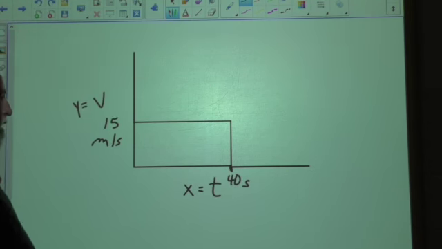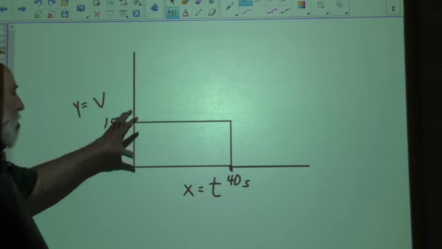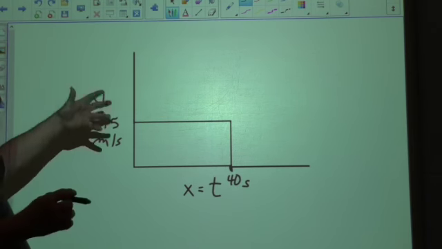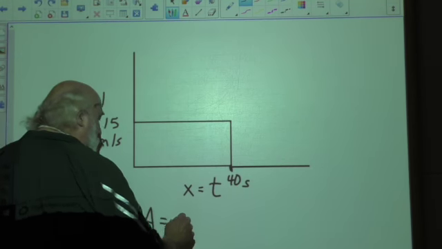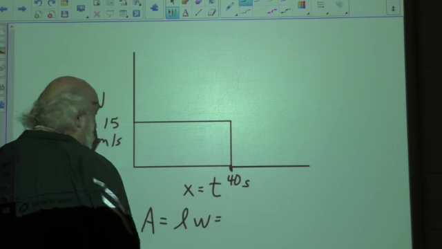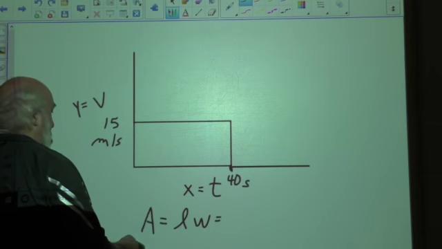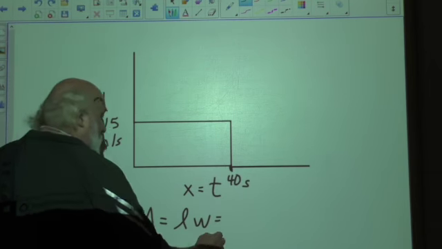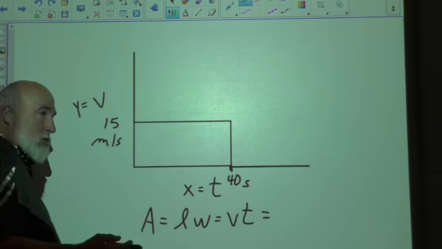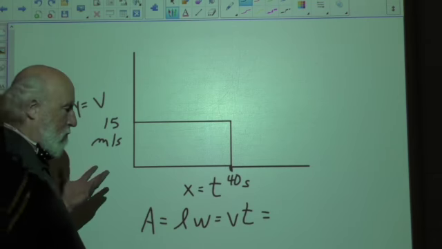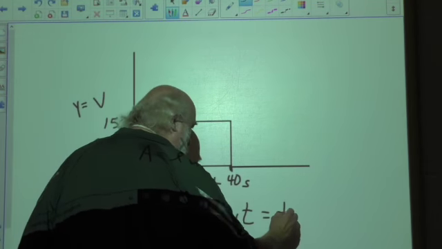So if I want to find the distance, I would go, oh, look, that is a rectangle. And we all know that the area of a rectangle is length times width. Well, the length here is time, and the width here is velocity, so this is going to be v times t. And as we know, v times t, we've just solved as being d.